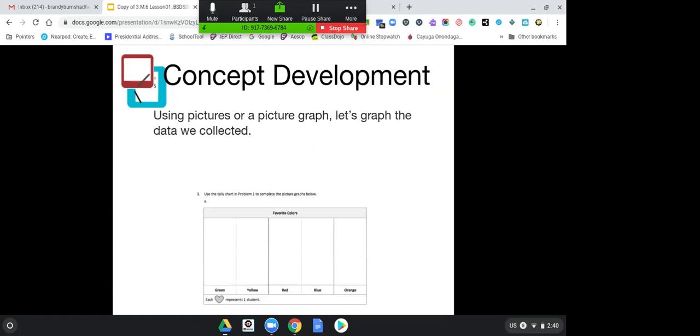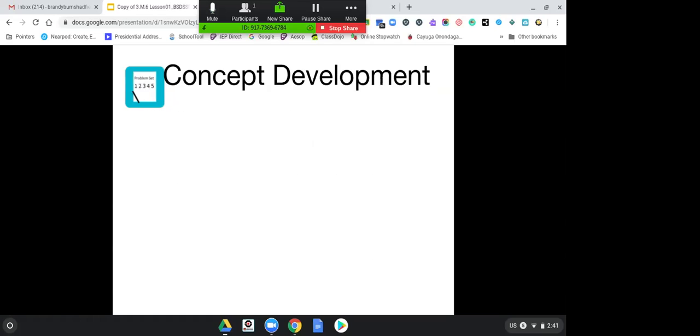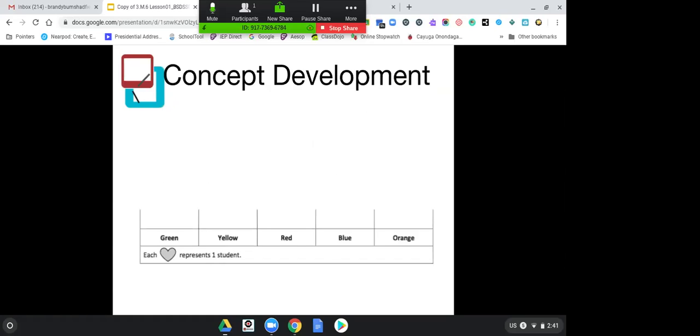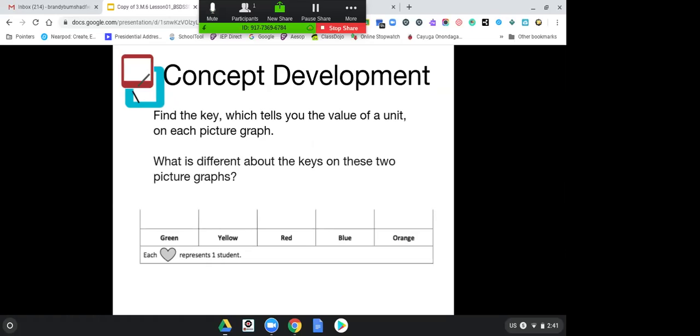But we would have added and made a heart for each student in green, red for a pictograph. A pictograph is a picture that represents data.